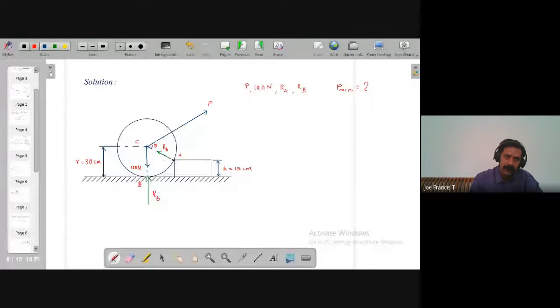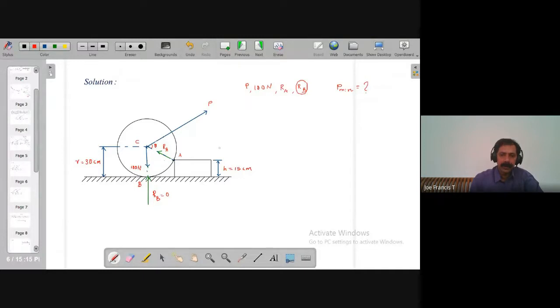At that moment, it just lifts from point B, so there will not be any contact at B. When there is no contact, there will be no reaction, so you have RB equal to 0. This is an important point. So we can ignore RB in our further calculations.